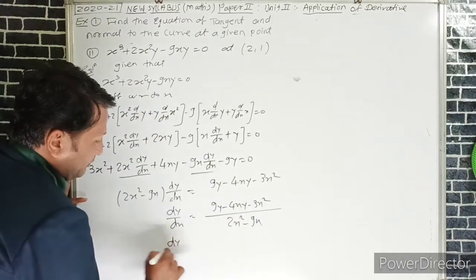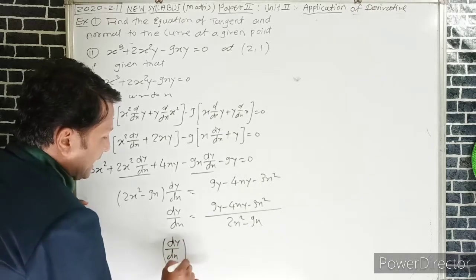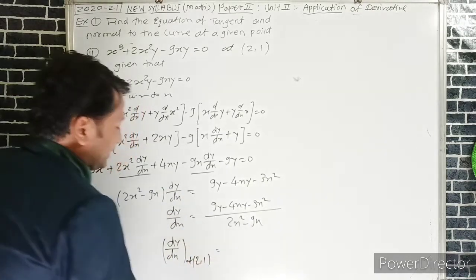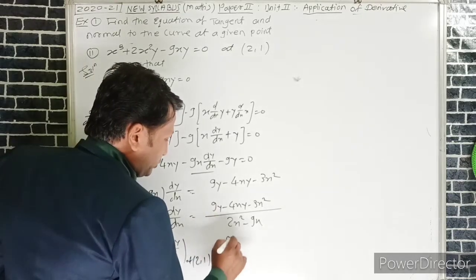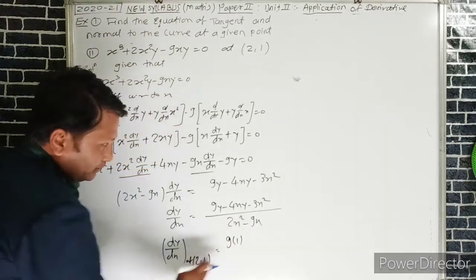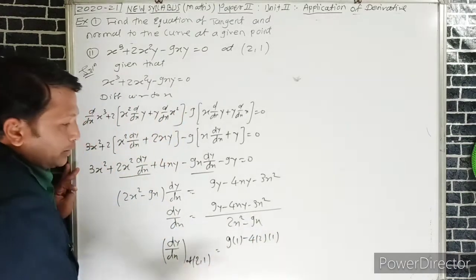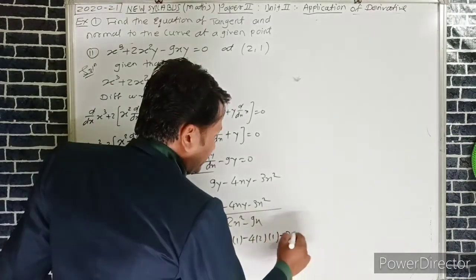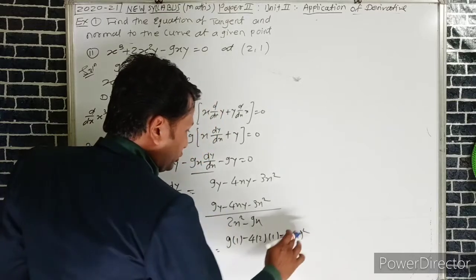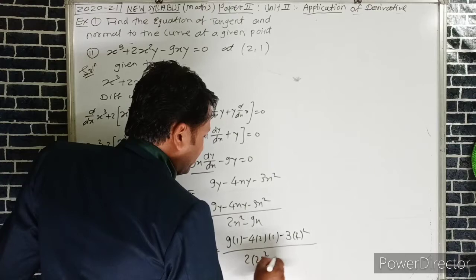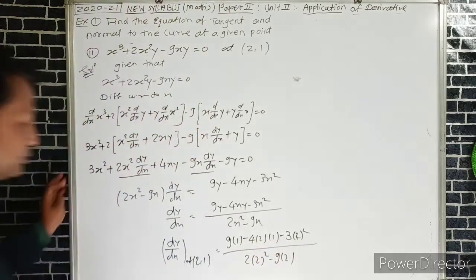If we have to find the value of dy by dx at the point with x coordinate 2 and y coordinate 1, we can write 9 into 1 minus 4 into 2 into 1 minus 3 into 2 square, upon 2 into 2 square minus 9 into 2.